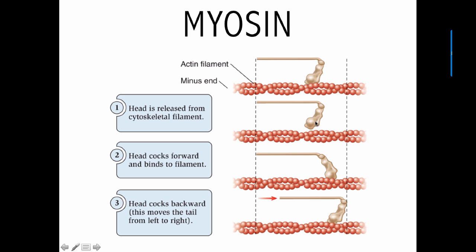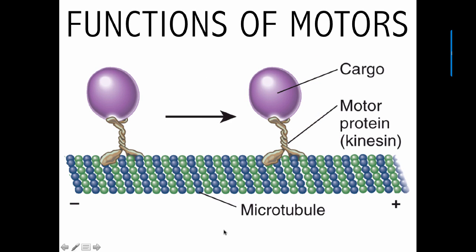And then when we get rebinding in this 3rd step to the actin, we get ATP hydrolysis, and we get the bending of the hinge. So what you have is this head that is basically binding, cocking, releasing, rebinding, cocking, and as it does that, it can walk along the actin filament here. And so anything that's attached to the tail up here would be getting dragged along this actin filament by the motor protein.